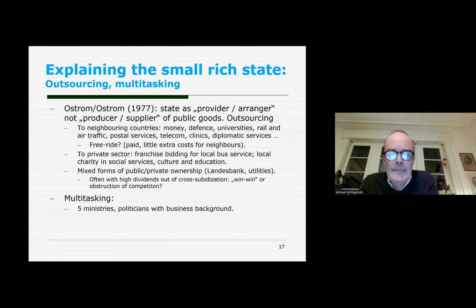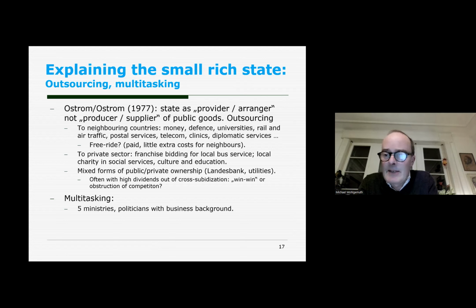A rather tricky thing is that utilities and the partly state-owned bank, these kinds of public-private entities, are in mixed public and private ownership, and they produce lots of profits, which then go into the government's coffers. But whether that is what the state is there for is a question, especially if it obstructs possible competition.